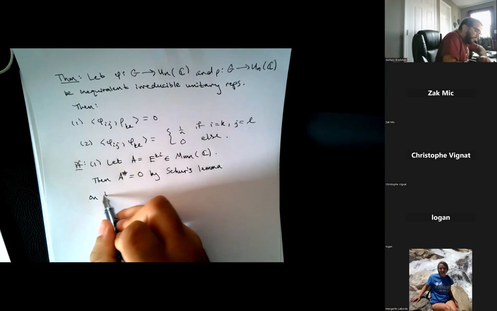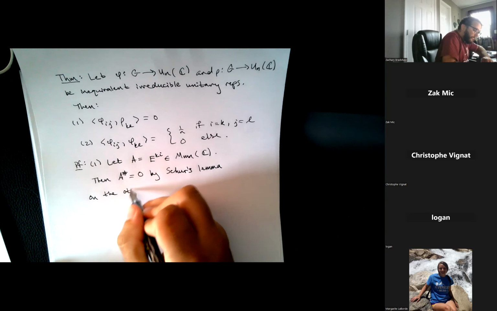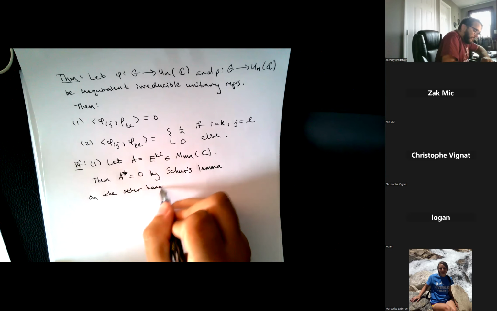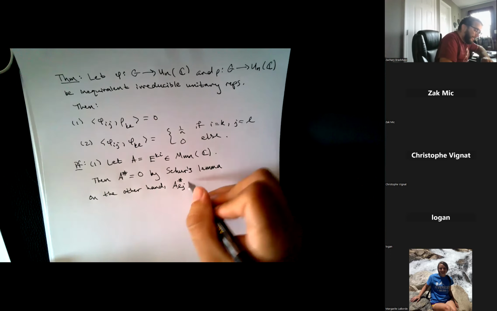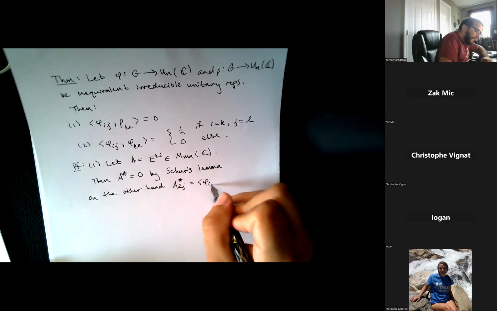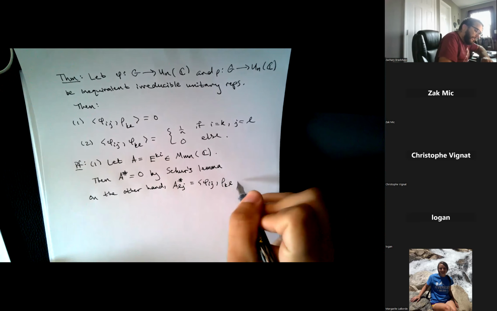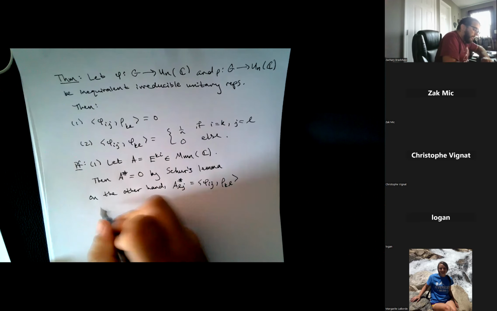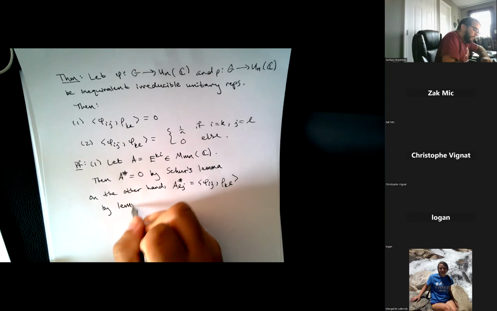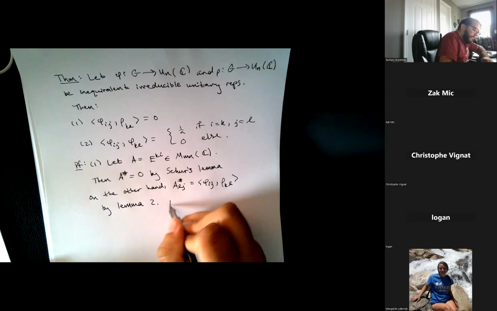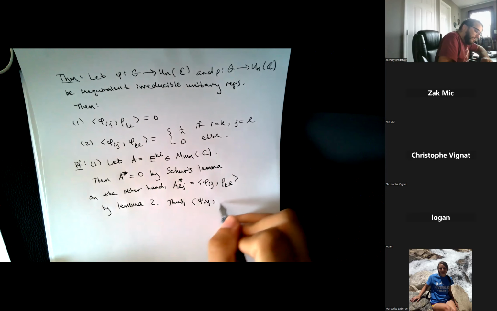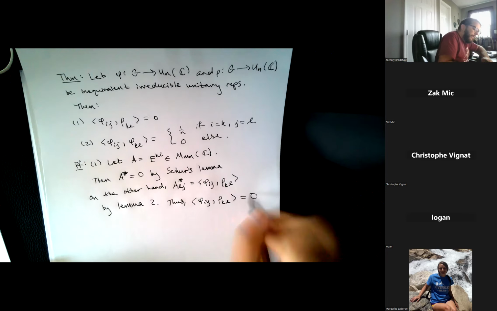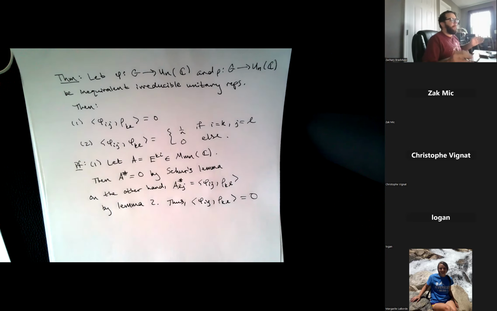On the other hand, A sharp LJ is equal to the inner product of phi_ij with rho_kl by lemma 2. Thus, putting these together, the inner product of phi_ij with rho_kl is equal to 0. So that proves the first part.